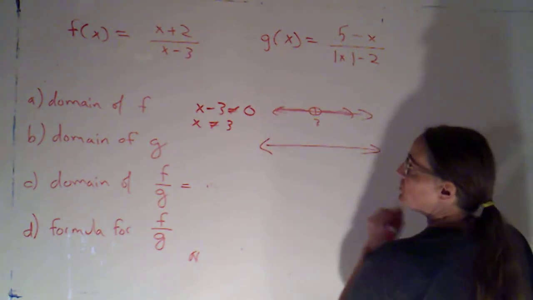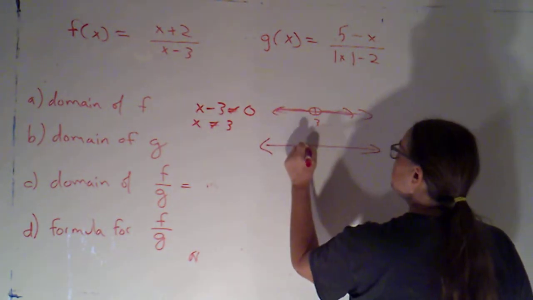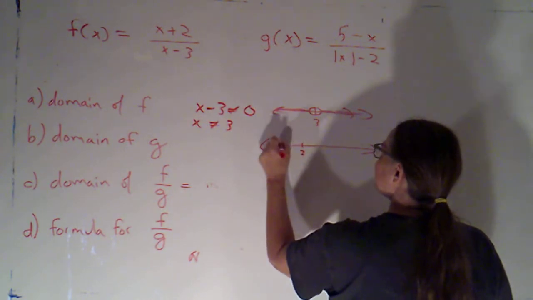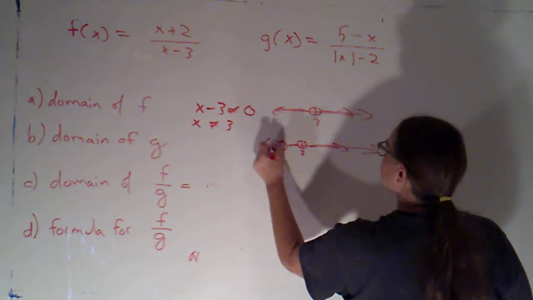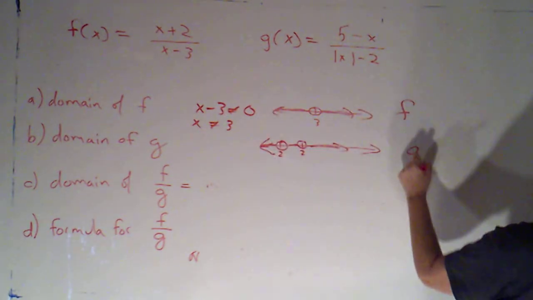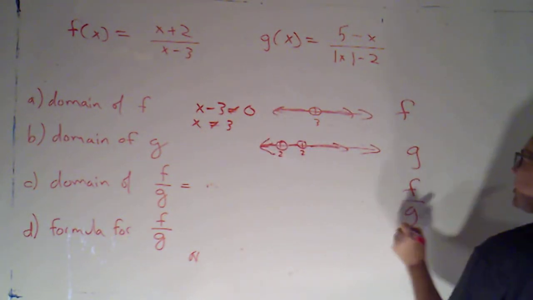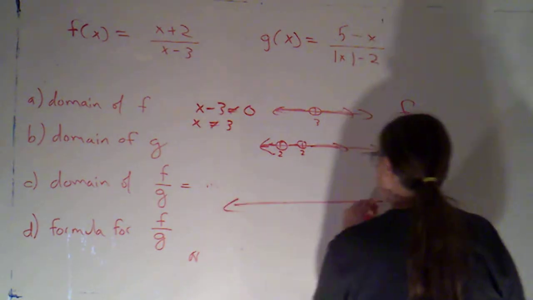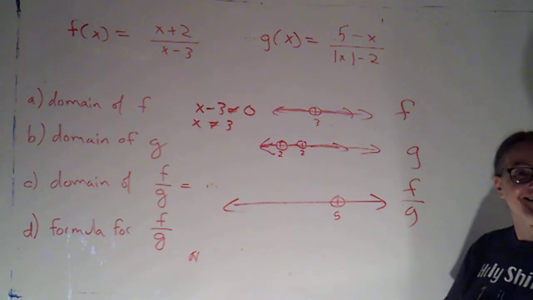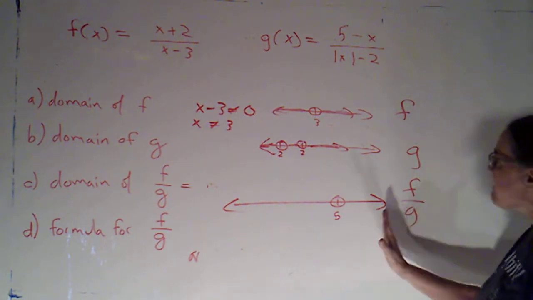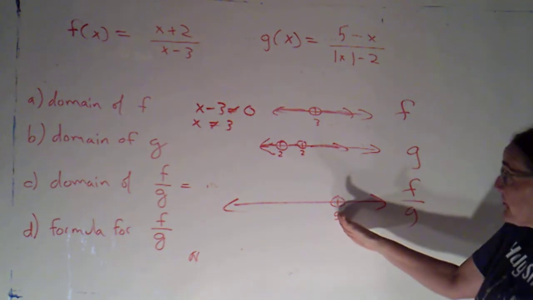Okay, so for g, we had removed 2 and negative 2, both of which are to the left of 3. So this was the domain of f, this was the domain of g. For f over g, I'm going to first of all note that I've got to remove 5 because it would make g of x 0, and then I'm going to shade everything other than 5.